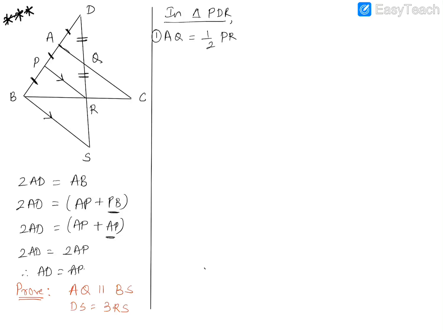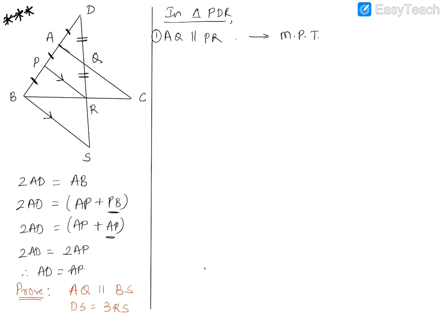Actually, I don't think I need to prove the half, we don't need all this, so I'll erase it. I can simply say that AQ is parallel to PR. And what's the reason for this? Midpoint theorem.